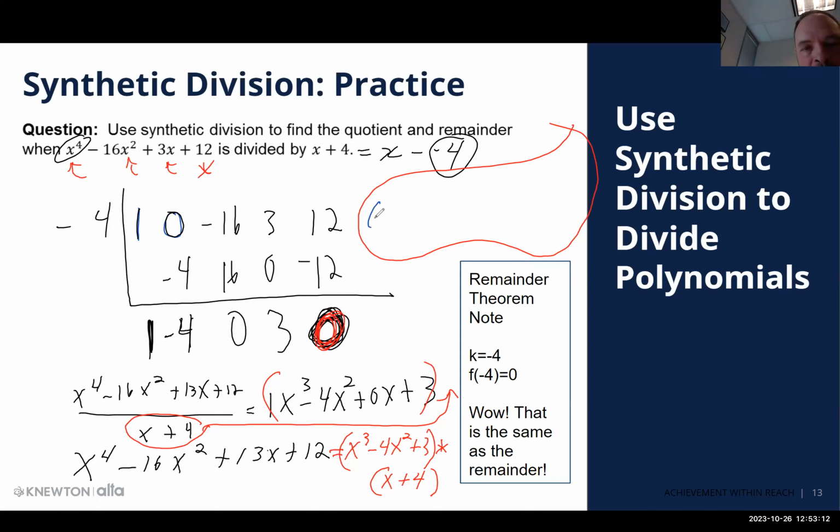So it's going to be negative 4 to the 4th power minus 16 times negative 4 to the 2nd power plus 3 times negative 4 plus 12. And so let me work kind of backwards because I've got this big number I've got to work with. I've got a 12. I've got to add a negative 12 to it, so it's going to be 0. Negative 4 squared.